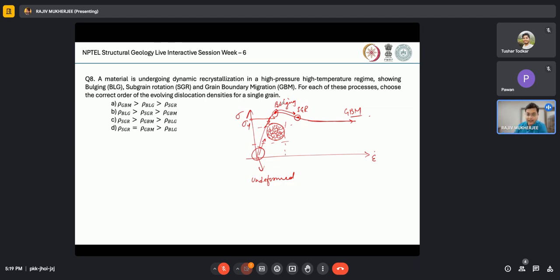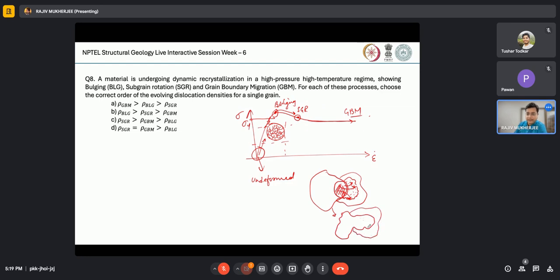So say, for example, this is a grain, and this is another grain, and you're talking about this subgrain where you see there is a high dislocation density, and there is a region just adjacent to that with a low dislocation density. So what will happen? The dislocations will move away like this, and eventually this will be created as a new grain boundary. So it will transform like this, right?